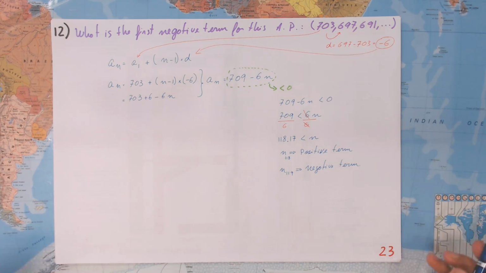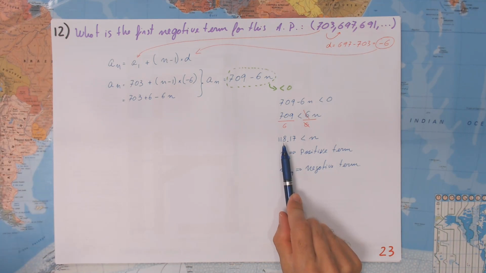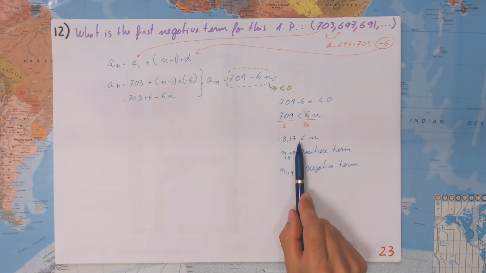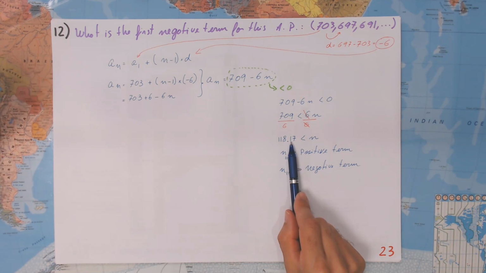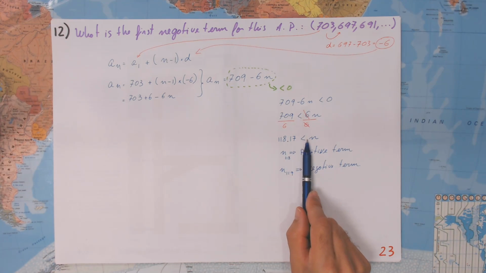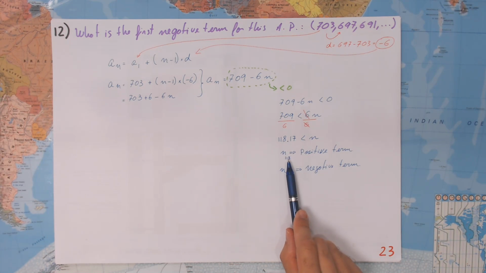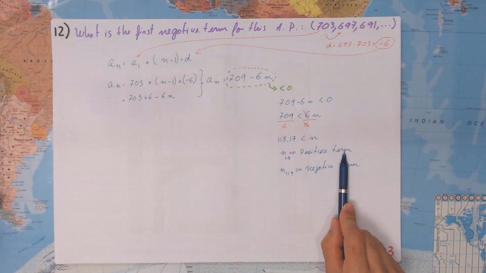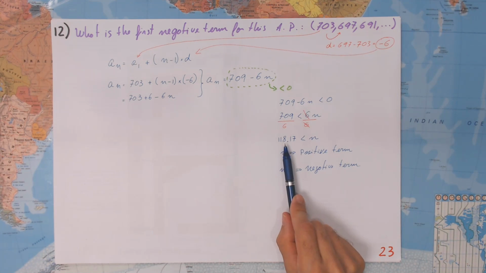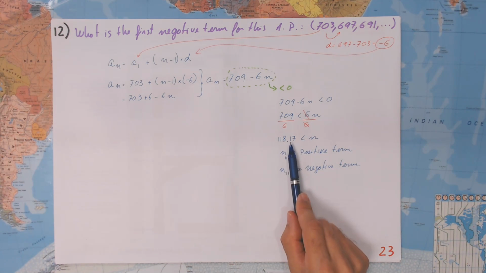And why is that? Well, because up to 118.17, until we get this one, we are going to have a positive one. So until 118, we're going to have a positive term. And if we just go higher than this, meaning 118.5, 118.7, 118.92, all those are going to be negative.